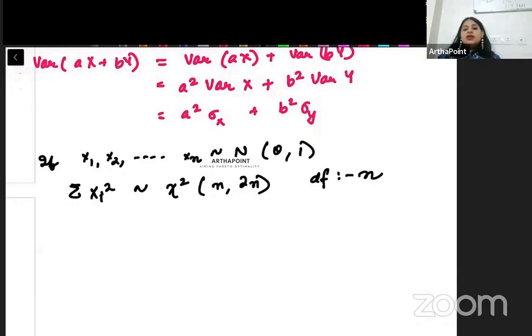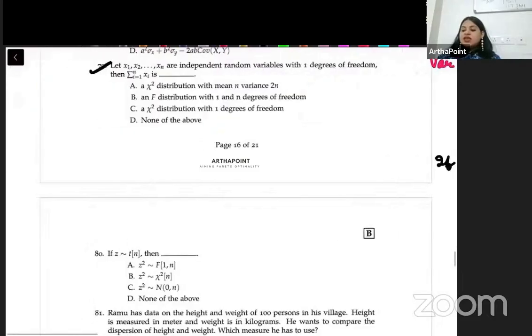So when xi's are normally distributed, then sigma xi square is distributed chi-square, right?